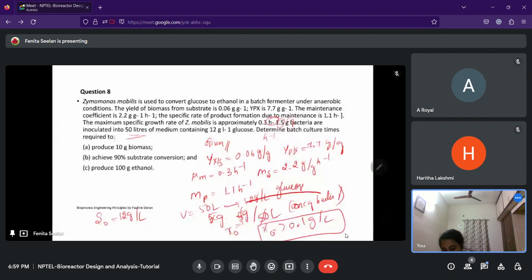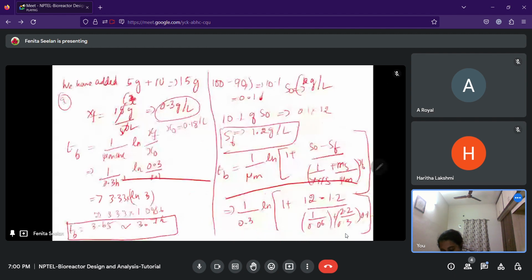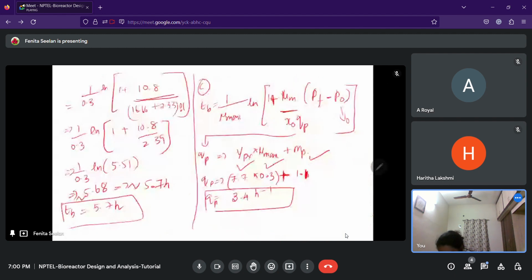So PF is equal to 100 gram of ethanol divided by the 50-liter volume, which is 2 grams per liter. So your PF is 2 grams per liter.